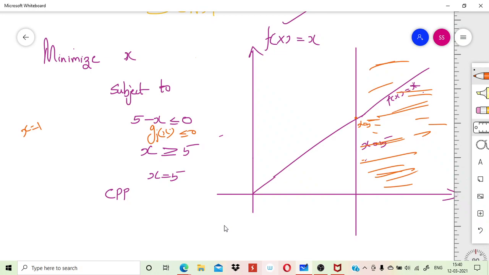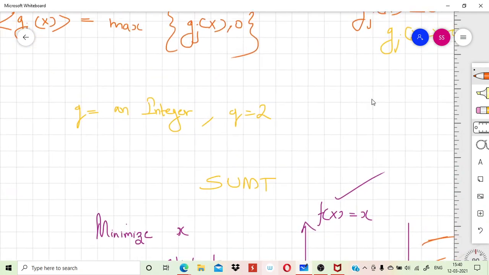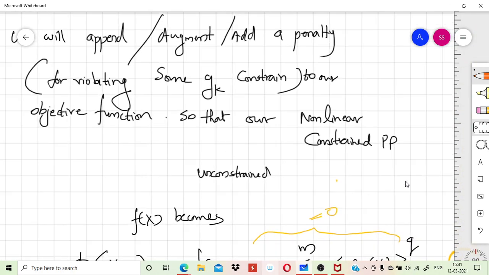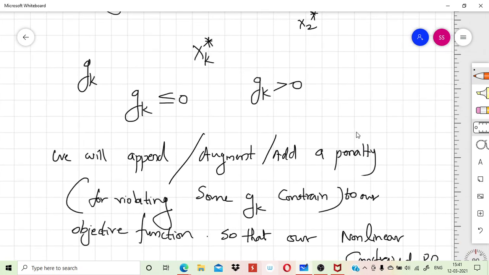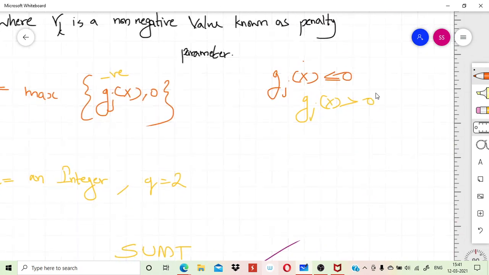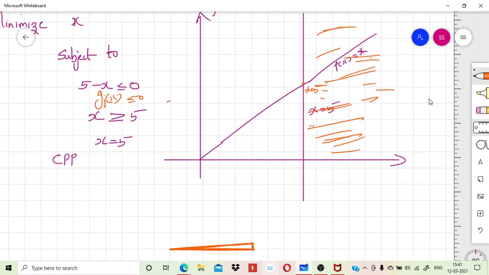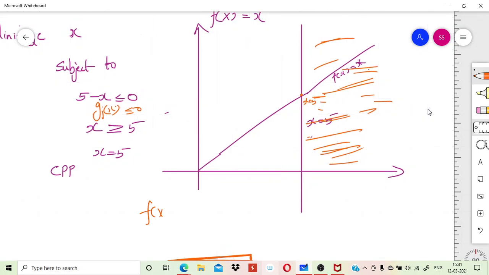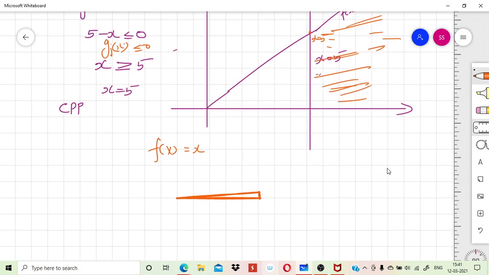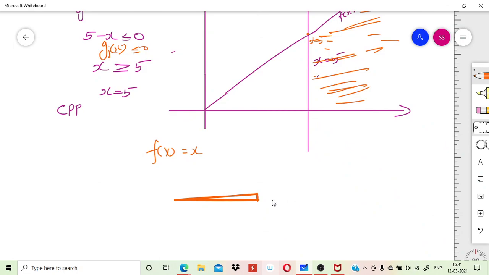Since this is in the standard form of CPP, which we have already discussed, please refer to that, we have f of capital X equal to x, and g of capital X less than or equal to 0, that is nothing but 5 minus x less than or equal to 0.